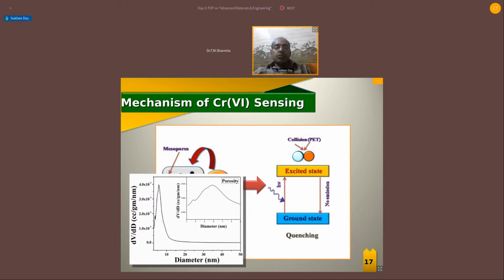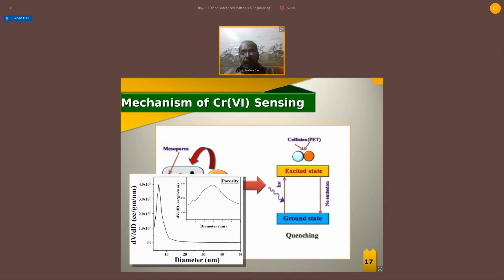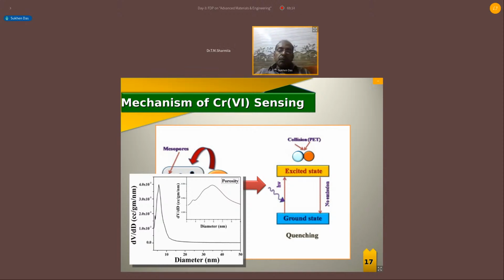So the excited particle returns back in another way, where we don't find this transition. That is why in the presence of chromium we don't get any fluorescence property, but with any other anion or cation this does not happen, and we get the property.